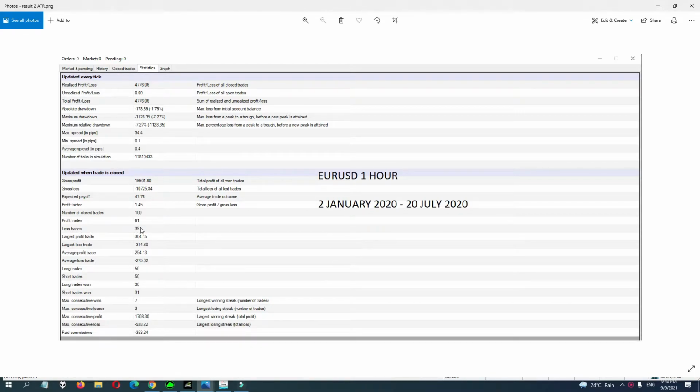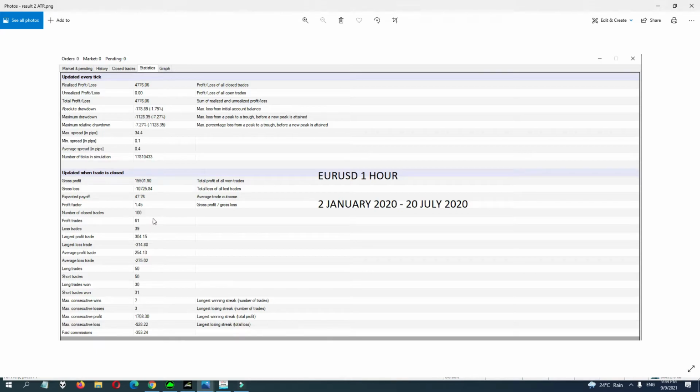So that's a 61% win rate in 100 trades, and that's pretty average. Nothing spectacular about it. If you use 1-to-1, the expected win rate is around 60 to 67%. In 100 tests, usually it's around that range.